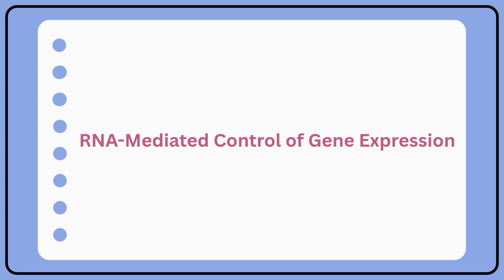Another type of gene expression regulation is RNA-mediated control of gene expression. This is a very interesting way of controlling gene expression because the cell uses RNA itself to control gene expression. It's only recently that we have really understood how important this process is.